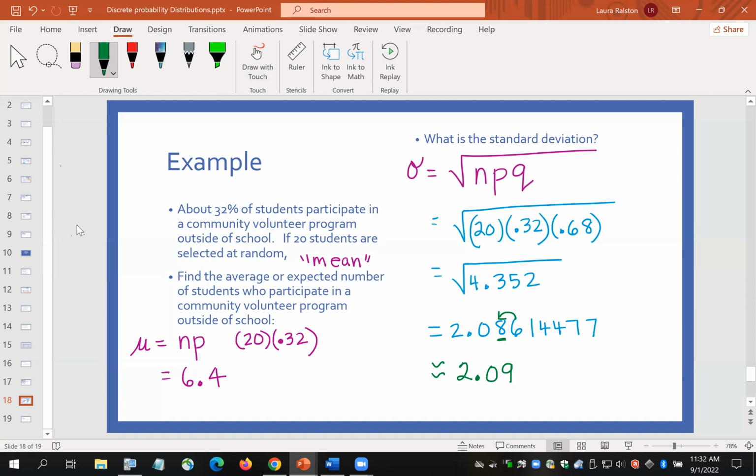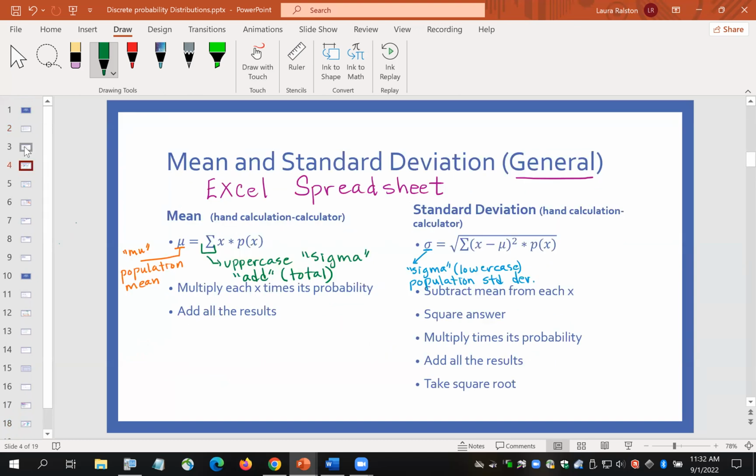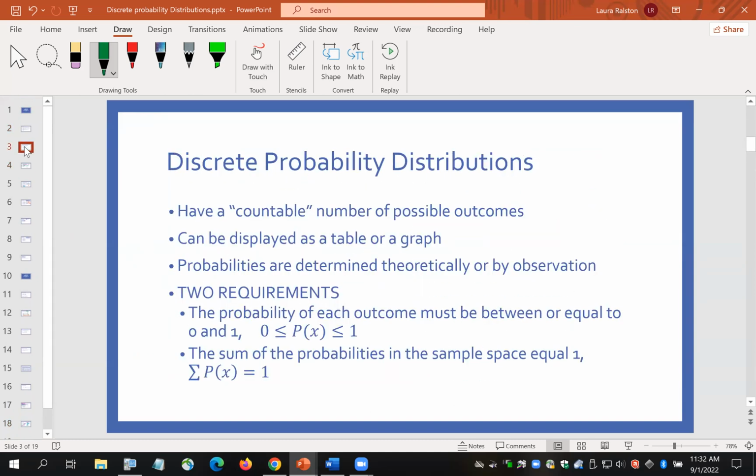Okay, so that wraps up our discussion of the binomial probability distribution, which is a discrete probability distribution. Just to summarize, a discrete probability distribution has a countable number of possible outcomes.